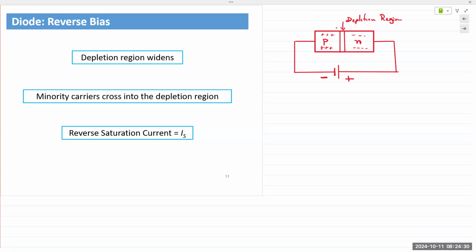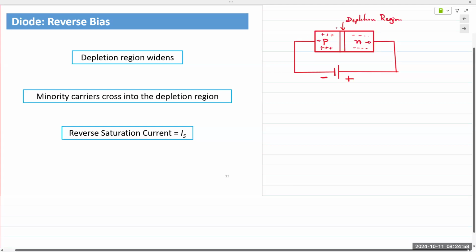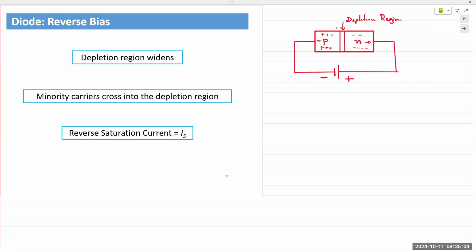So when the negative end of the voltage is connected to a p-type material, what do you think would happen in terms of charges? Negative charges, positive charges, opposites attract. So the holes are pulled towards one terminal and the electrons are pulled towards the other terminal. And so the depletion region width increases.